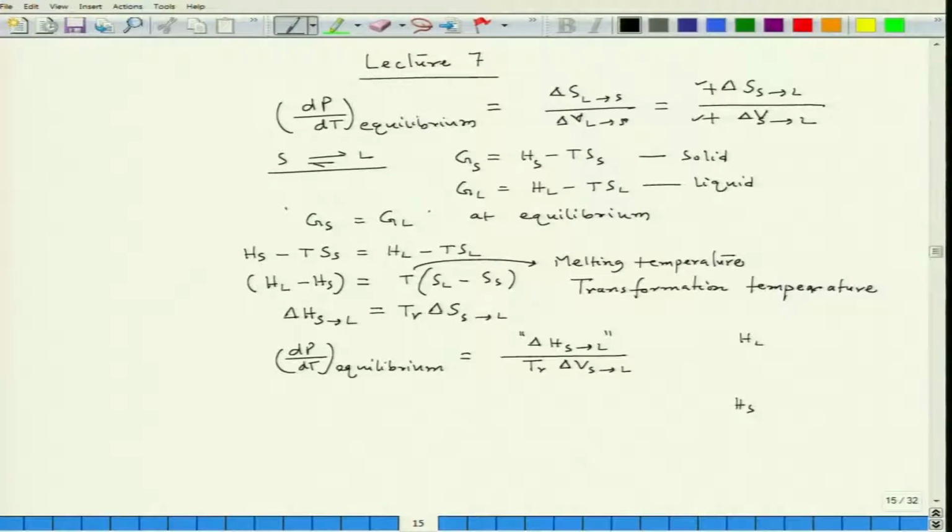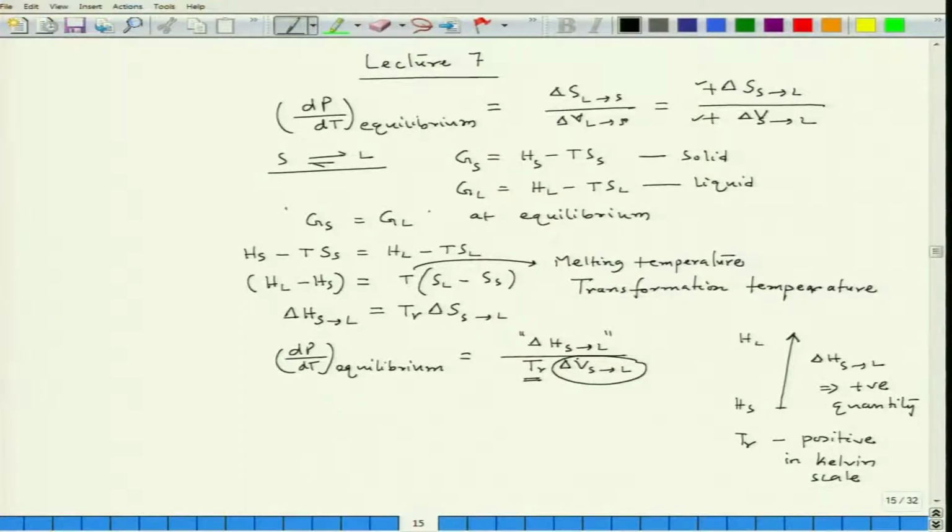If I consider solid converting to liquid, del H would be a positive quantity. Tr is a finite quantity, and it is also all the time positive in Kelvin scale. Now, entire attention goes to this particular quantity.